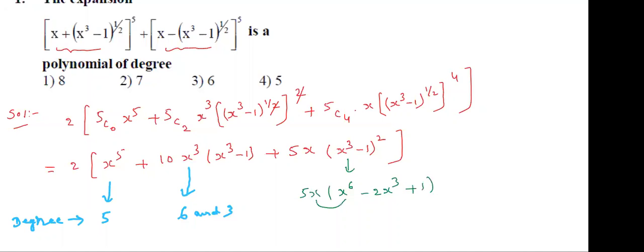Multiply these two. What degree are we getting? 7. Overall, observe that the highest degree is possible here only. So the degree of the polynomial is 7. Second option correct.